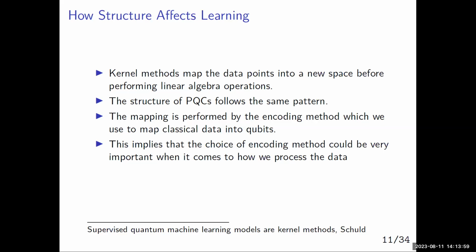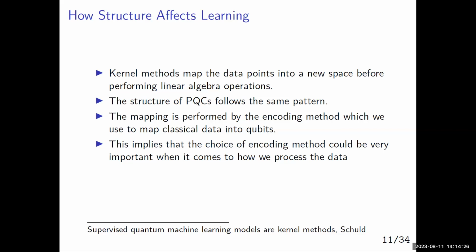The process of mapping that to a qubit is mapping it to a new space, which is what our support vector machine kernel method does. And once we're mapped into this new space, which is our quantum circuit, we're doing a series of unitary operations on it. So it's all just linear algebra, which is what the support vector machine does when it's mapped into a new feature space.